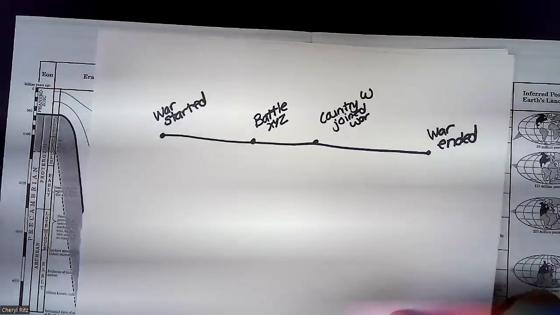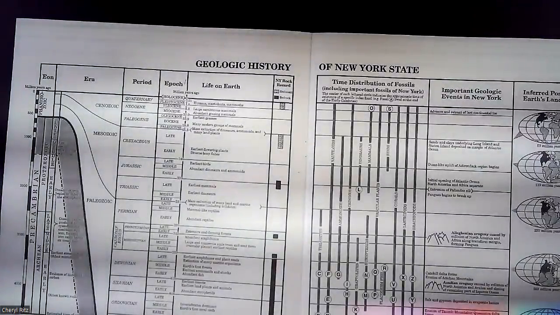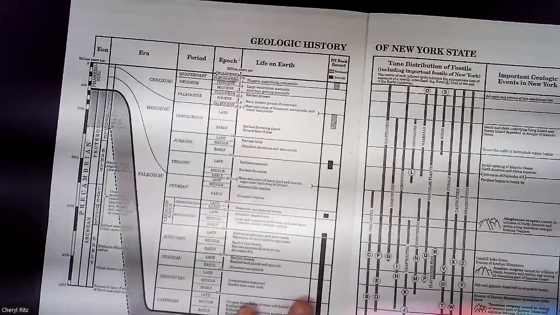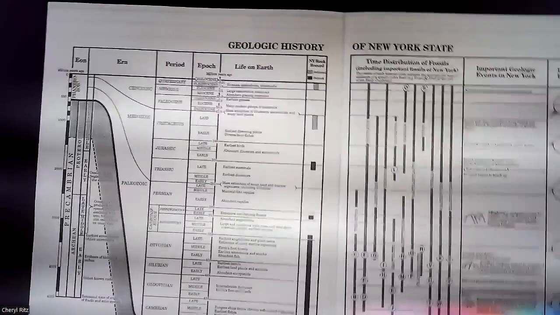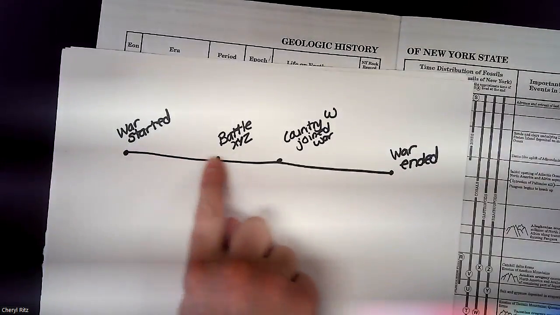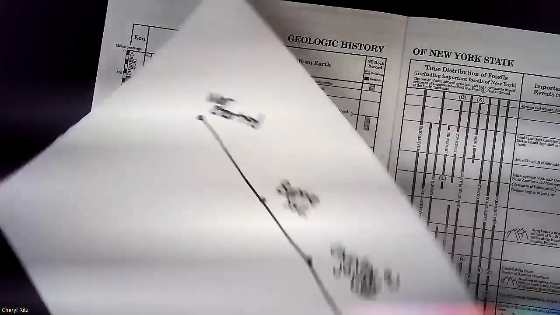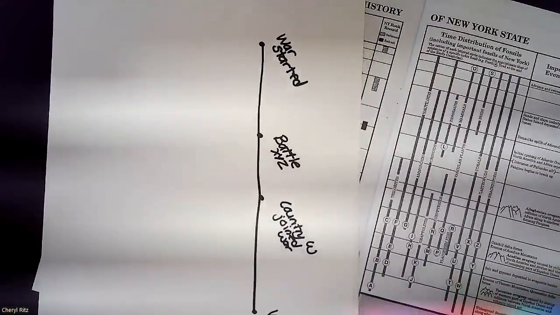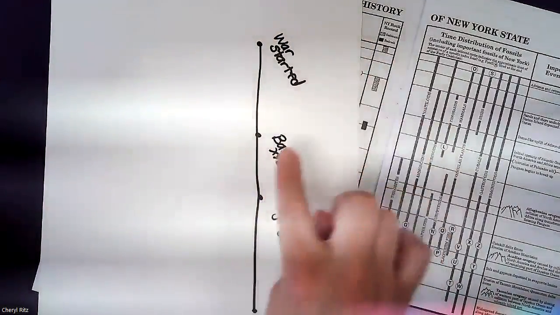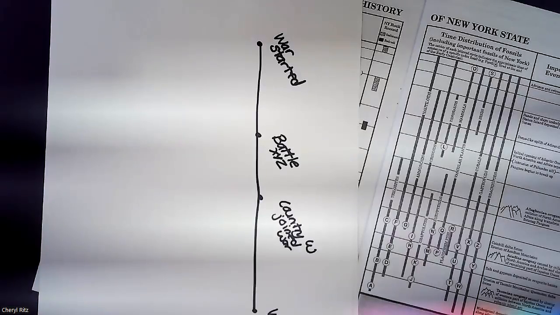Well, this reference table is nothing more than a timeline, but it's a weird timeline. Have you ever seen one that doesn't go across the paper like this? Would it be weird if one went up and down instead and had the date here and you could still read it, right?